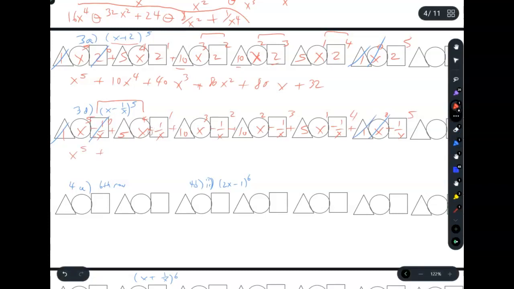So there's a negative here, and it's to the first. So that negative is going to come out front. And then the 5 doesn't get multiplied times any numbers because the negative 1 to the first is just negative 1. So x to the 4th divided by x is x cubed, right? The next one is going to be plus 10. And the negative here is going to square, so that disappears.